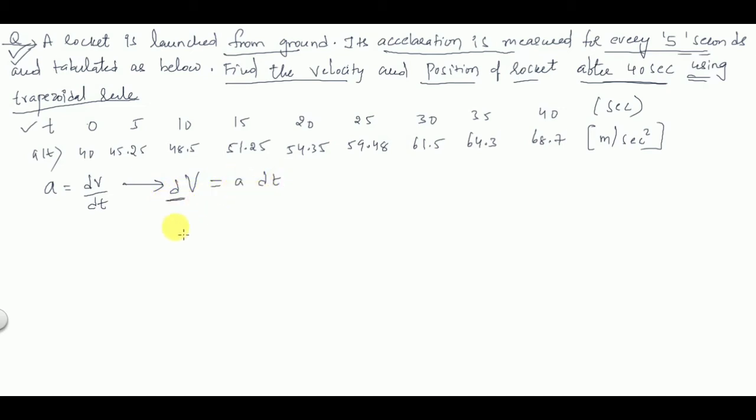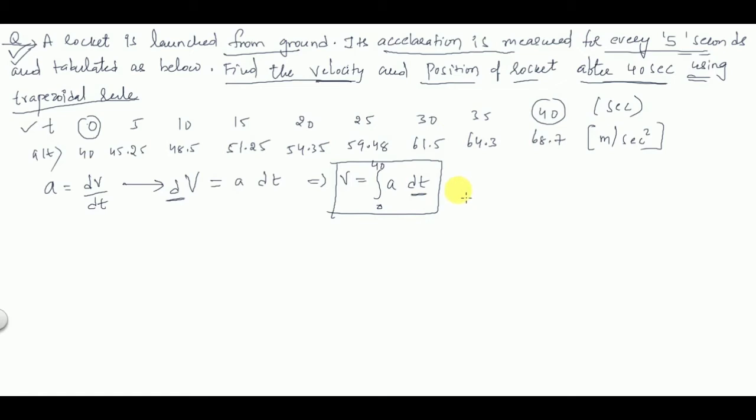Sending the differentiation to that side, you will get v is equal to integral a dt. Integration is with respect to t, so the limits of t are from 0 to 40. If you solve this integral, you'll get the value of velocity. Once you get the velocity, you can find the position.